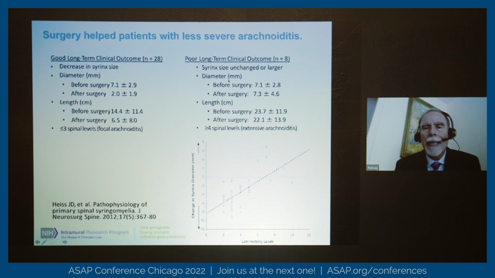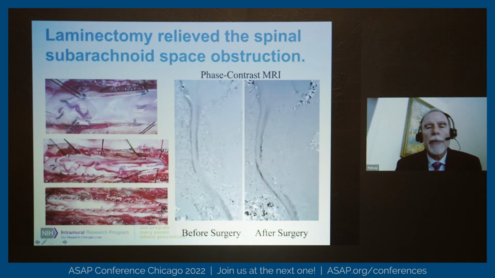On the other hand, people who did poorly, their syrinxes didn't get any smaller after surgery. The length of the syrinx didn't get any smaller after surgery. And as I said before, as far as syrinx size was concerned, the more laminectomy levels we did, the less effect we had on syrinx size. So the people with less disease did much better.